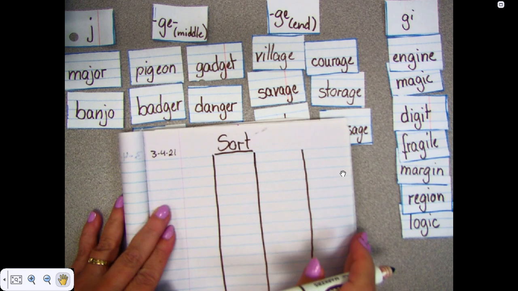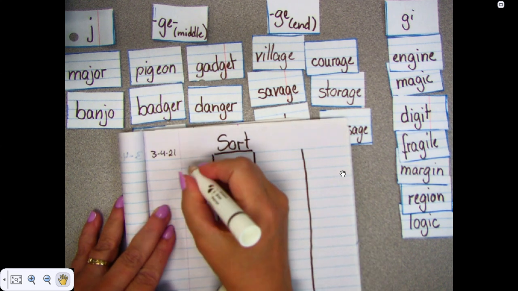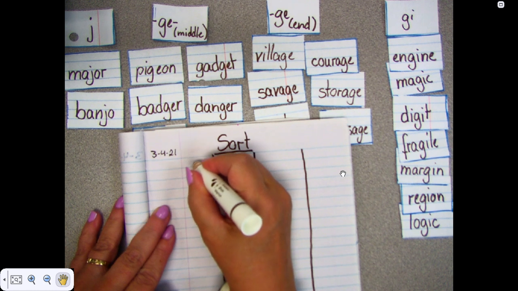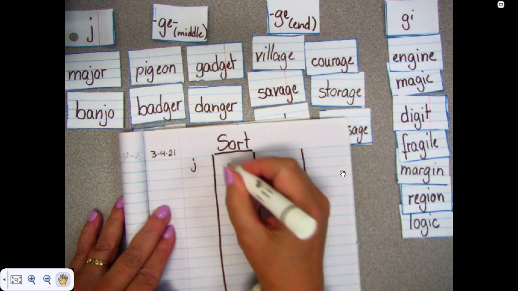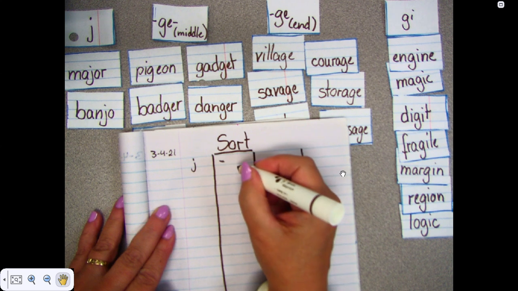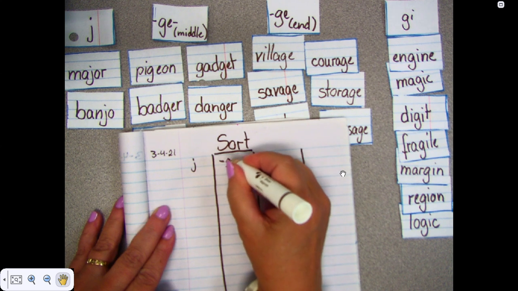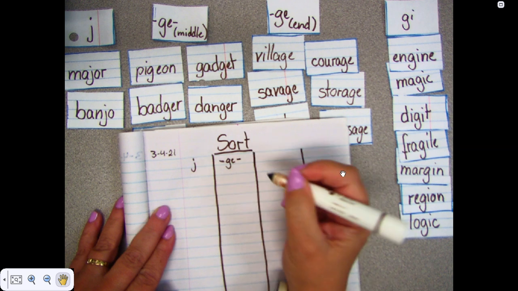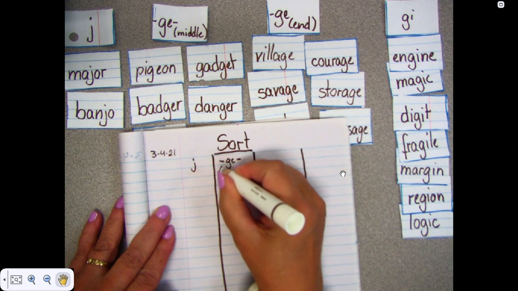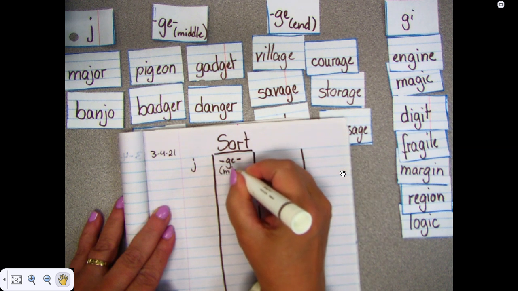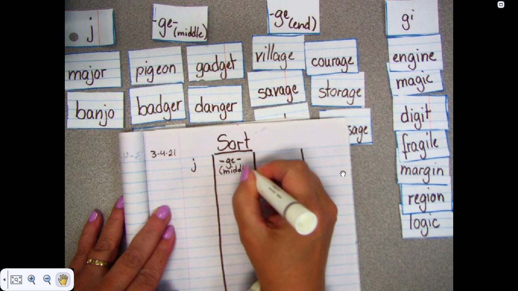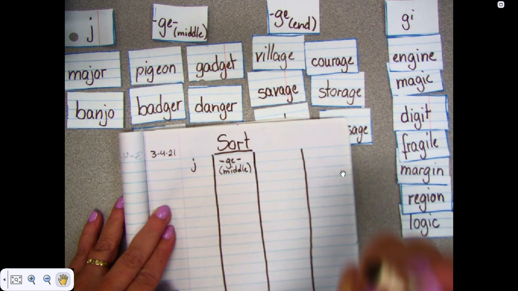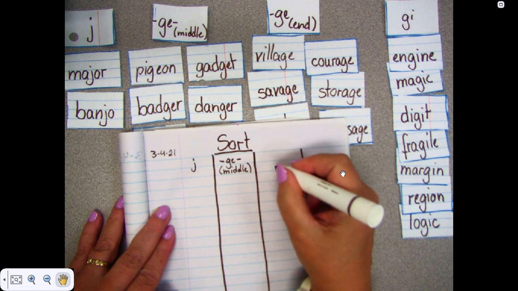So now I'm going to write down my first header, and my first header is just the letter J. My second one, I have a hyphen that there's something in front of the GE, and a hyphen that there's something after the GE, and I'm going to write down this is in the middle. Then I'm going to go ahead and look at this one.